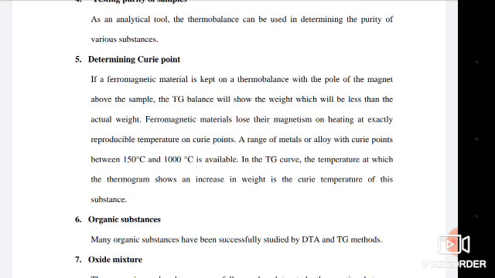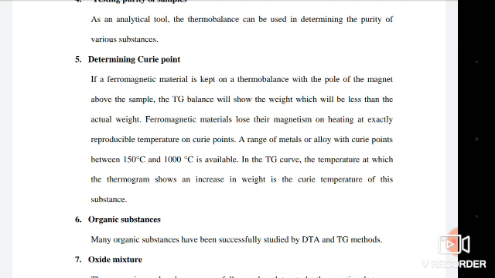Then the fifth application is determining the Curie point. If a ferromagnetic material is kept on the thermobalance with the pole of a magnet above the sample, the TG balance will show a weight which is less than the actual weight. The ferromagnetic materials lose their magnetism on heating at an exactly reproducible temperature, the Curie point.